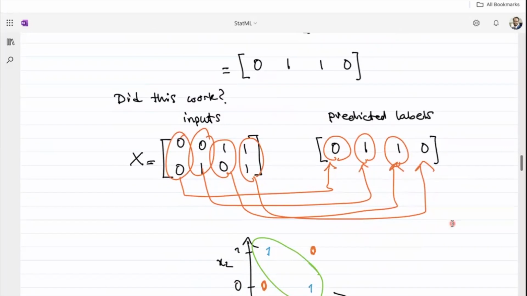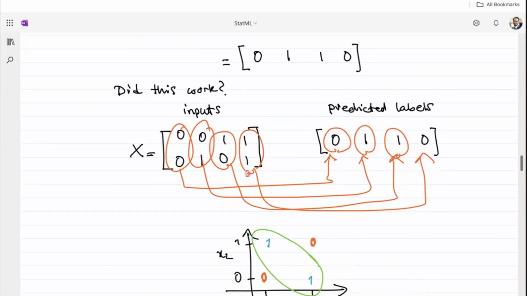Let's see. These are the 4 inputs that we have, and these are the 4 outputs that we got. And interestingly, you will see that the first and the last data point belong to class 0, and that's exactly what we wanted. And the ones in the middle belong to class 1.